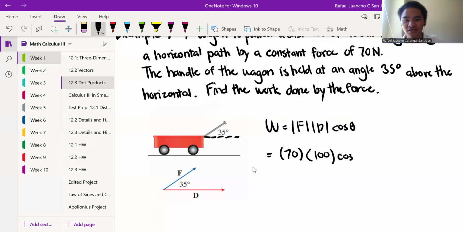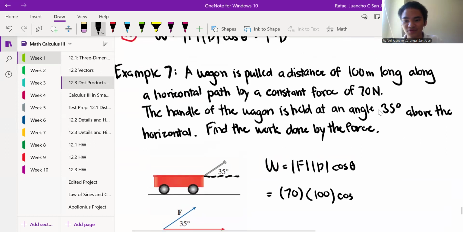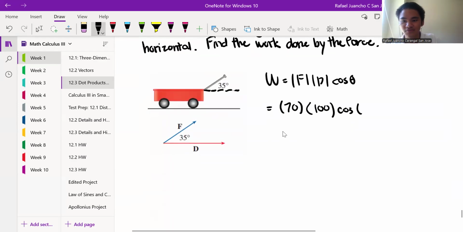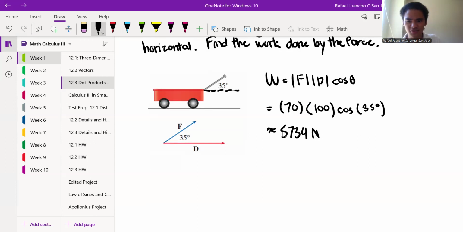Cosine. And what's our angle? 35, right here. So again, we will make use of that. And now, what is this value? Well, we're going to calculate that. So we have 70 times 100 times cosine of 35. And we get approximately 5734 newton meters, which is just joules.